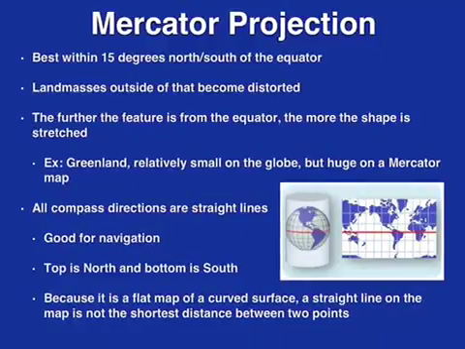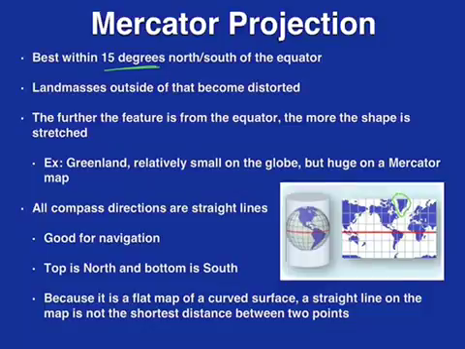Like I said, Mercator projection works best within 15 degrees either north or south of the equator. Outside of those 15 degrees, the land masses really become distorted. The further the feature is from the equator, the more the shape gets stretched. For example, on the globe, Greenland is relatively small, but on the Mercator projection, Greenland is massive.